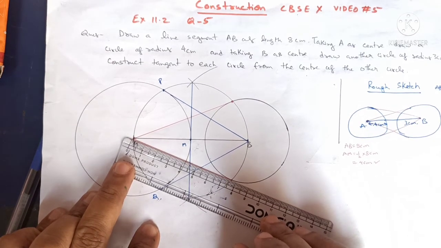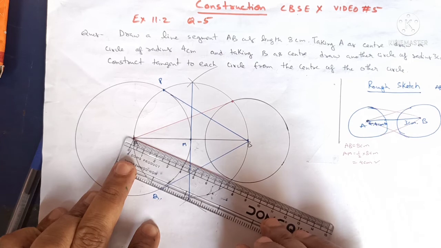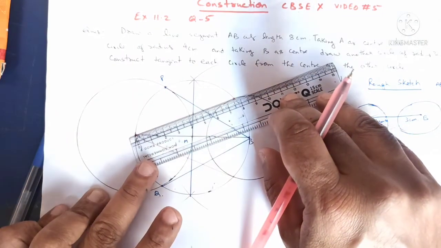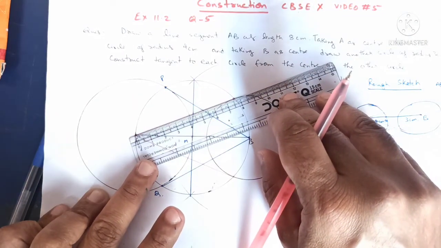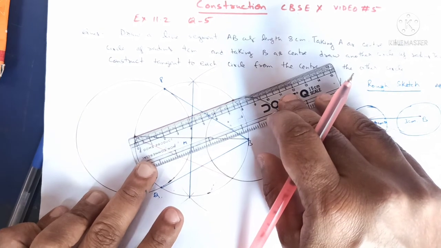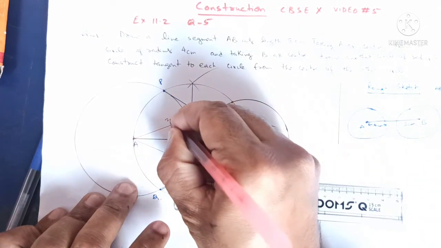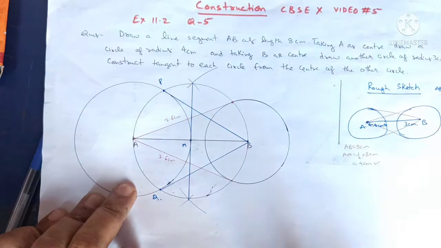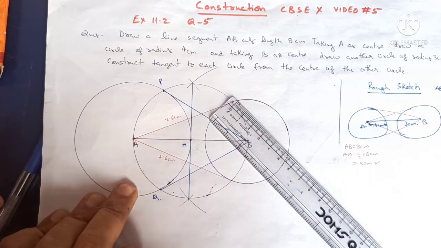We already know the two tangents' measures should be equal. If I measure the two tangents drawn from point A on the smaller circle, they are coming equal, approximately 7.6 centimeter, this one also and this one also. So these two tangents are absolutely correct.